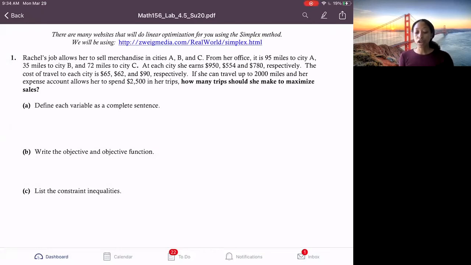The cost of travel to each city is $65, $62, and $90 respectively. If she can travel up to 2,000 miles and her expense account allows her to spend $250 on her trips, how many trips should she make to minimize her sales? Okay.